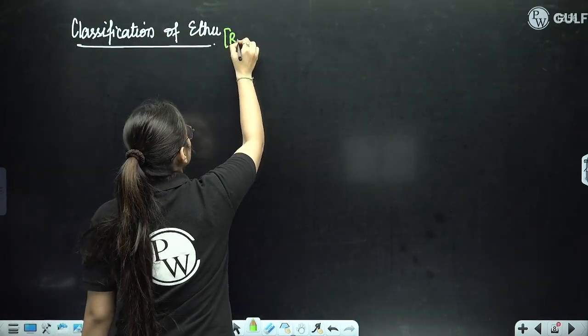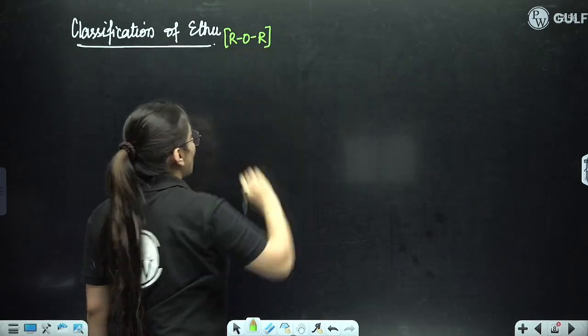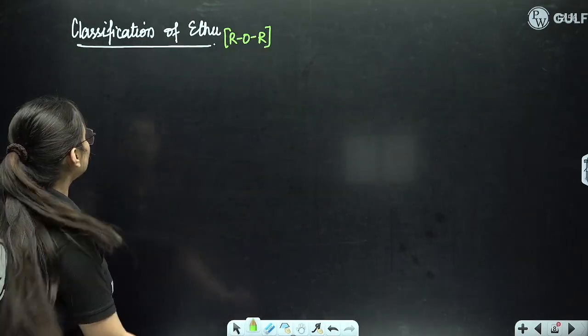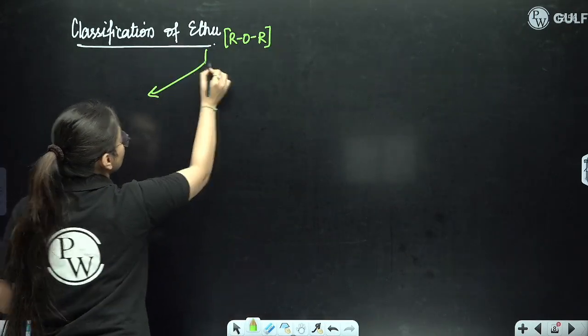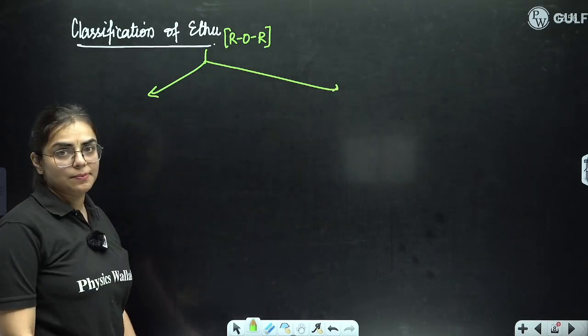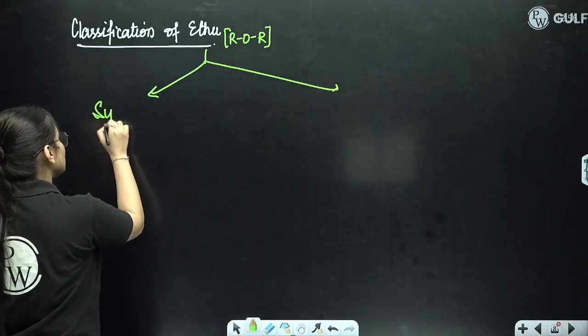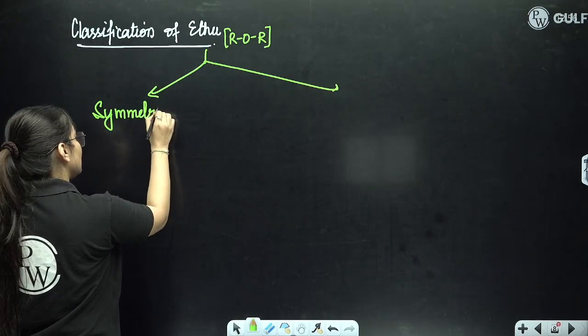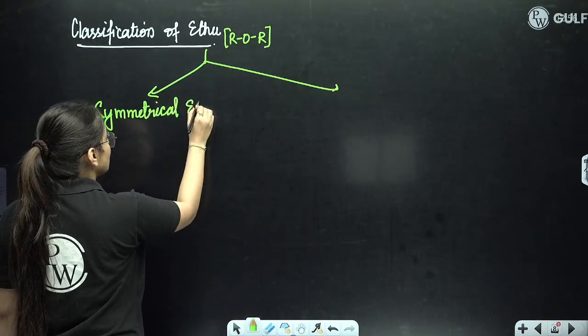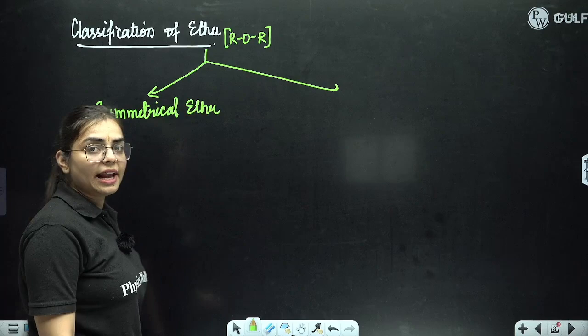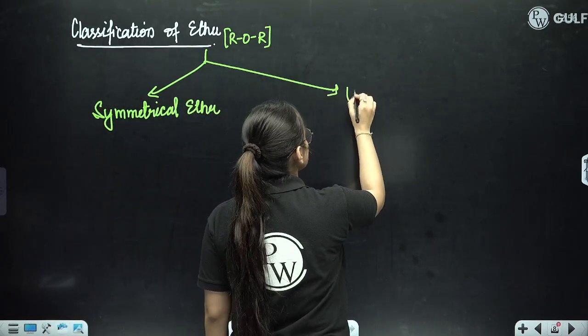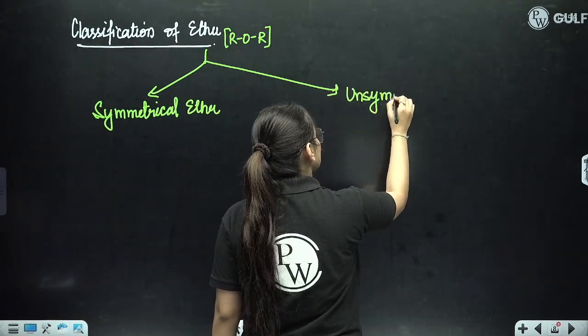Ma'am, ether is ROR. Now when we are going to do the classification of ether, it can be categorized into two major types. The very first, students, is symmetrical ether. And the second one that I am talking about over here is unsymmetrical ether.